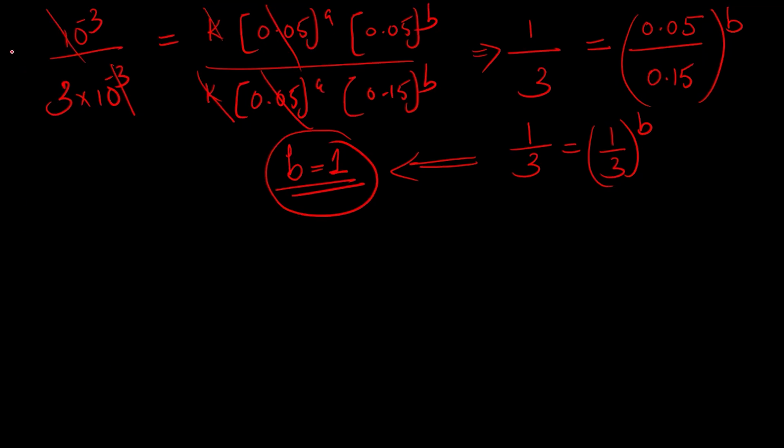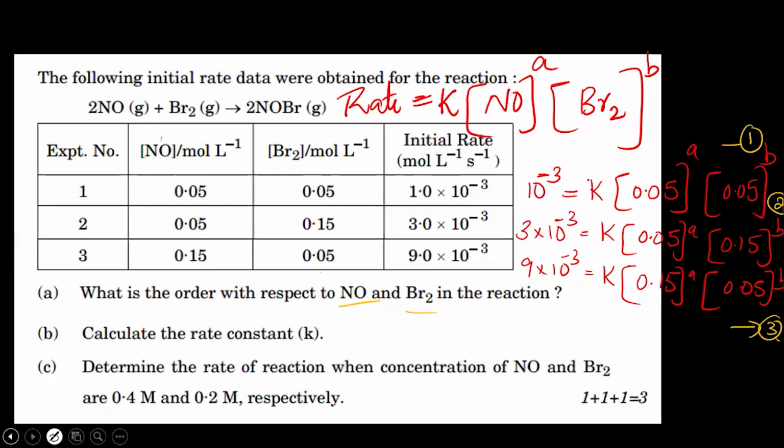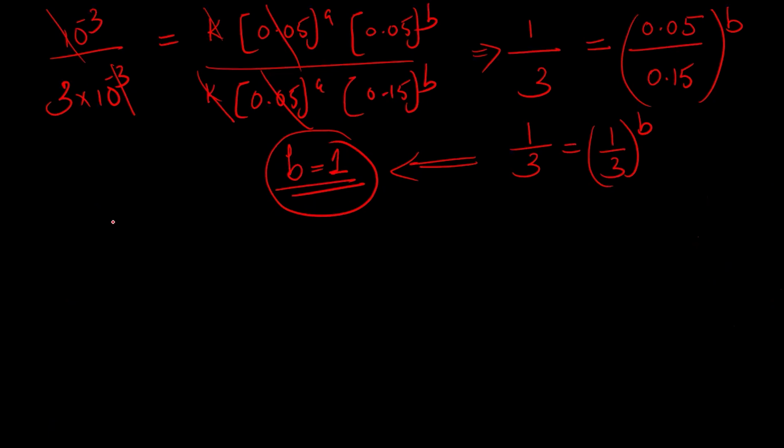Similarly, we have to compare the next equation. So we have to find A now, right? So where is A different? You can compare it with 1 and 3. So we are going to compare 1 and 3. What will we be getting?